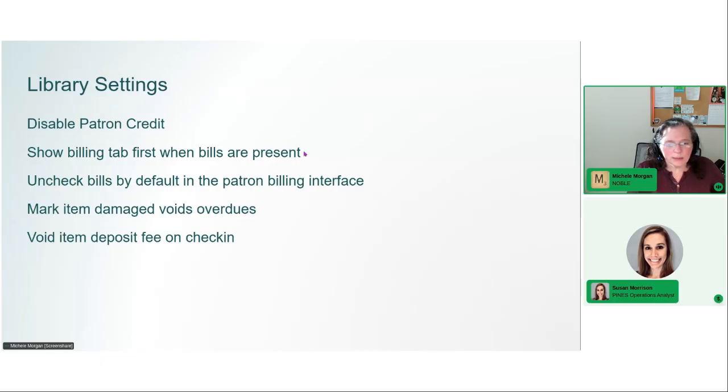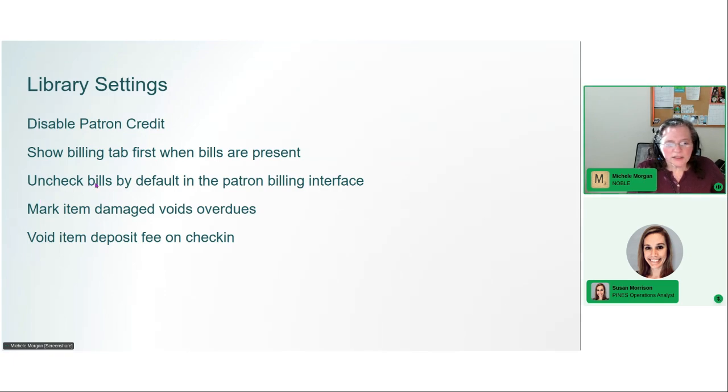With this option enabled, for patrons that owe bills, instead of going to the checkout screen, they would automatically go to the bill screen. So you could take care of their bills, or at least tell them about their bills before checking things out to them.